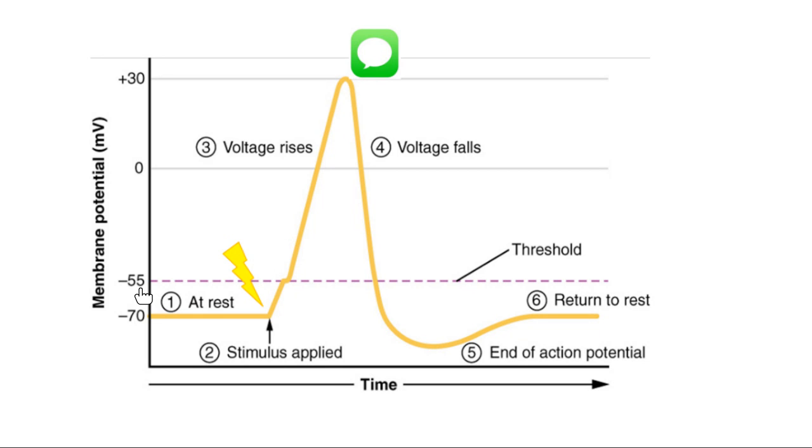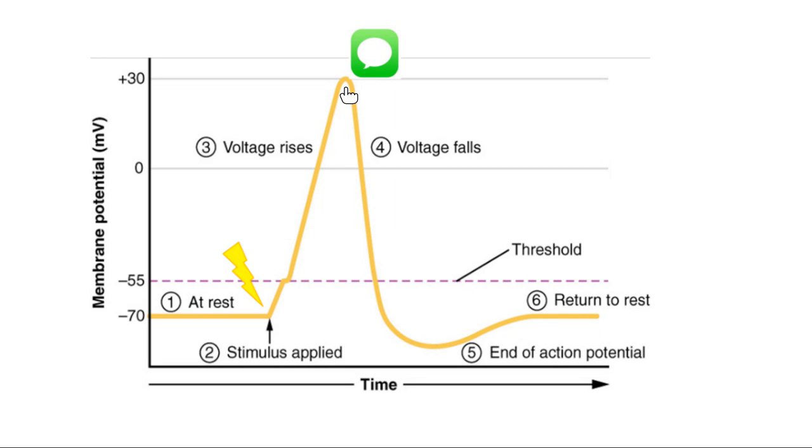If I get to negative 55 millivolts, that tells my membrane we're serious enough about getting positive that we're going to go all the way. So if we hit negative 55, we're going to completely depolarize. If we stay under negative 55 down here, we won't depolarize.